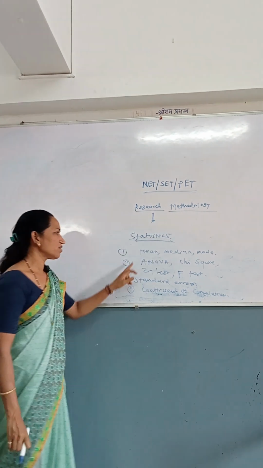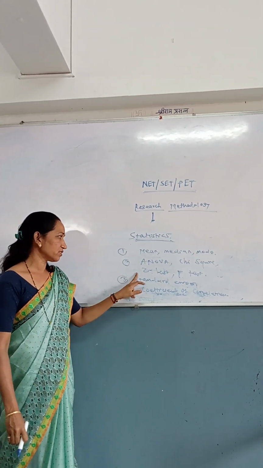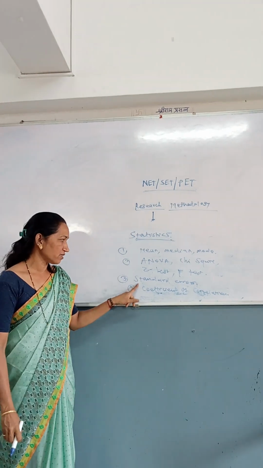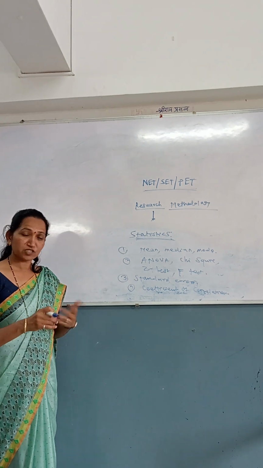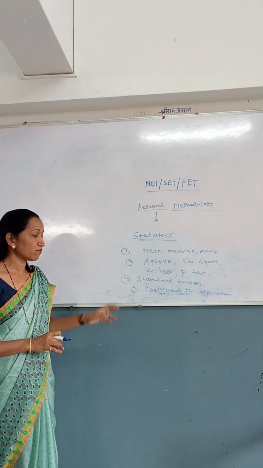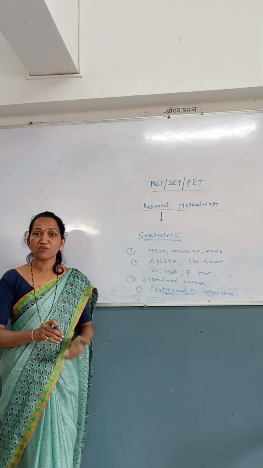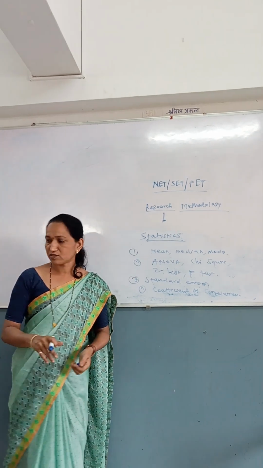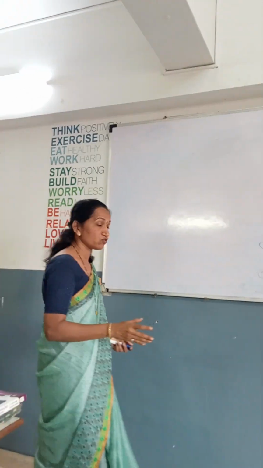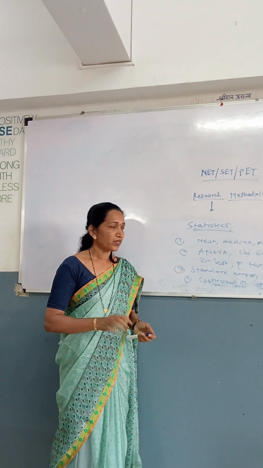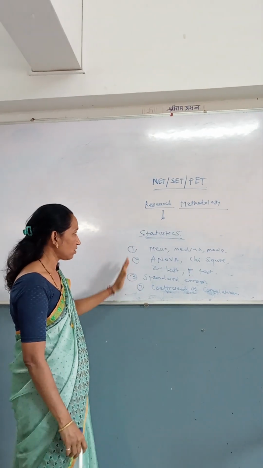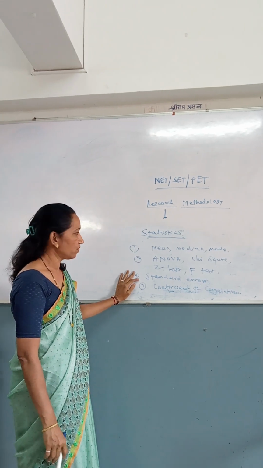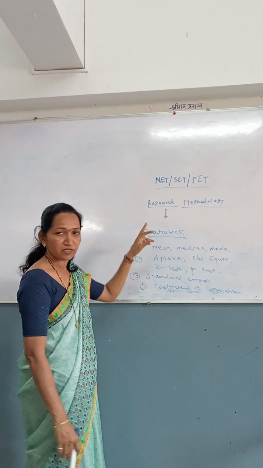All these topics are included: mean, median, mode, ANOVA, chi-square test, Z test, F test, standard error, coefficient of correlation, coefficient of dispersion, or dispersion measure. Then different types of analysis, that is factor analysis, discriminant analysis. And another is cluster analysis. Cluster is also a type of sampling, cluster sampling. So an analysis type is also cluster. So all these statistical subtopics are included in research methodology.